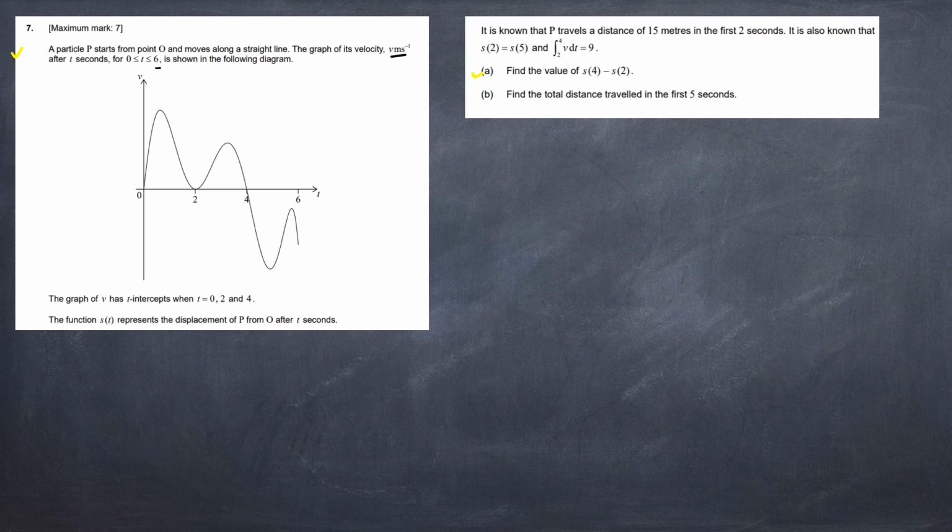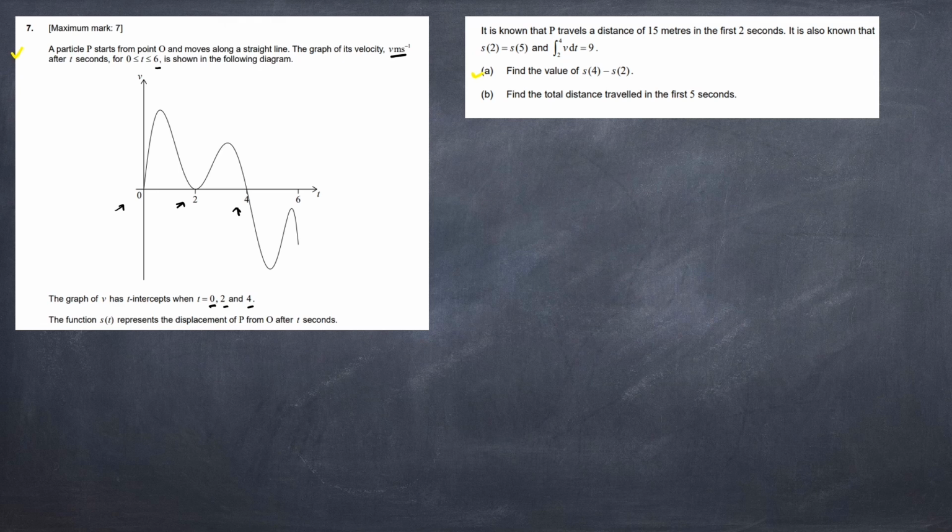So this diagram is basically representing the velocity graph. The graph of v has t intercepts when t is equals to 0, 2 and 4. You can see at this particular point 0, 2 and 4, this is some basic interpretation that you need to make before you try to solve any type of problem.